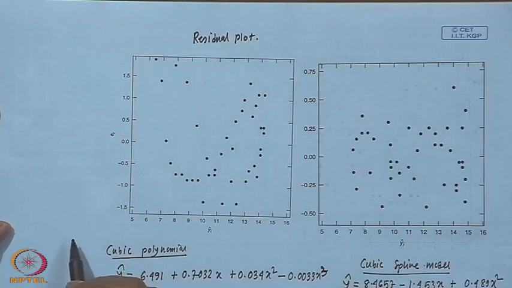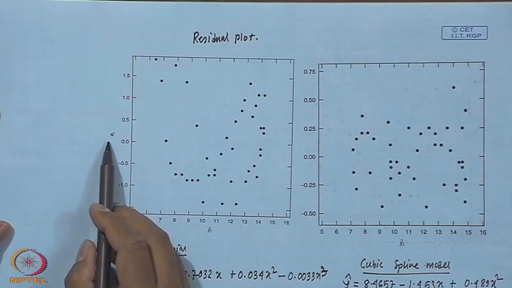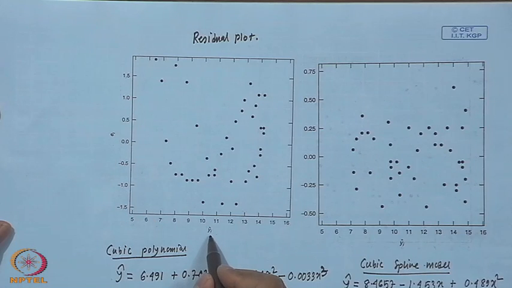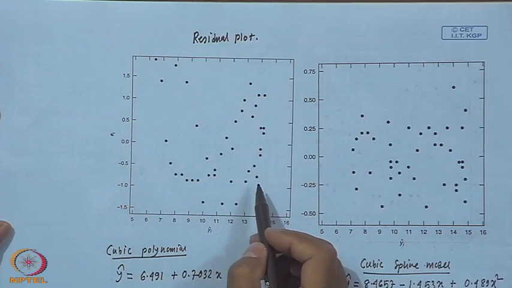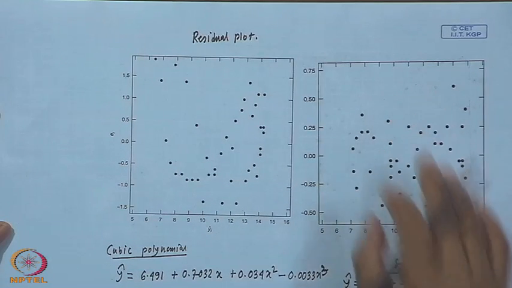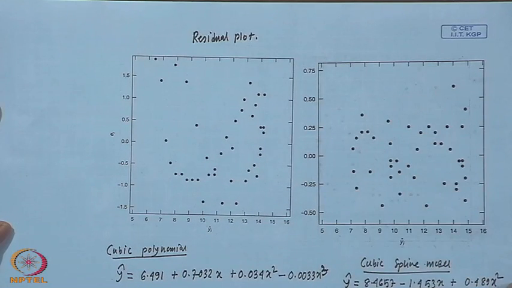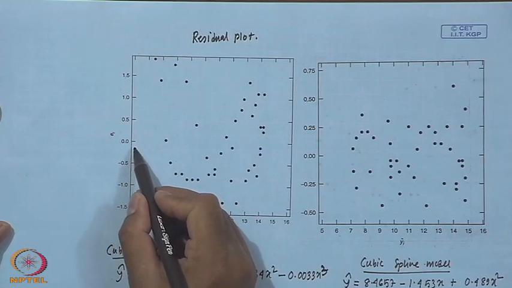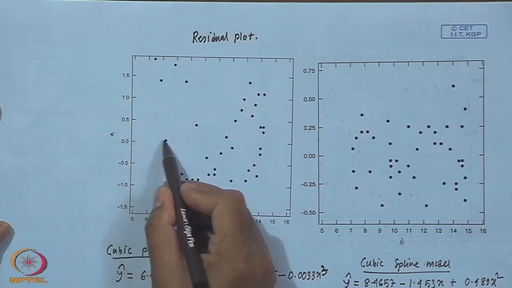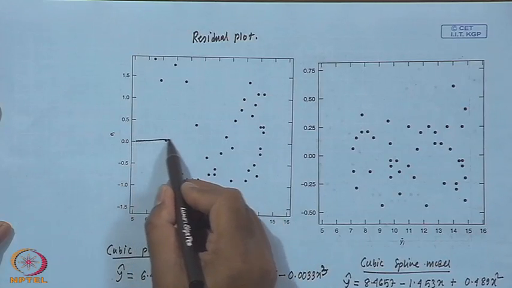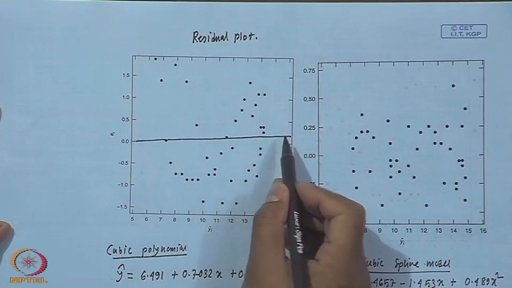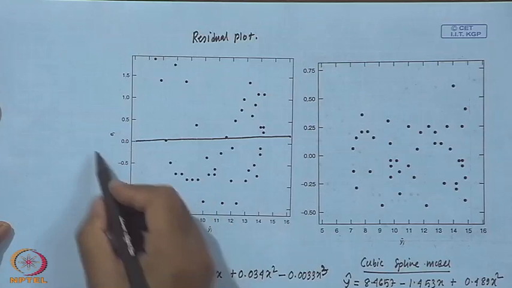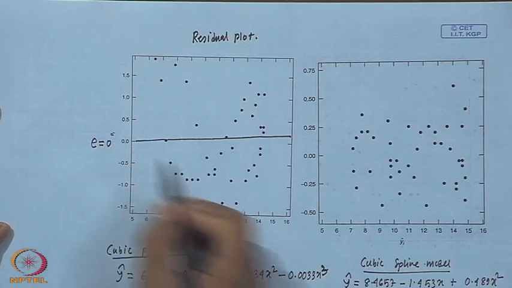Residual plot. So, what you do is plot the residual e_i against the estimated response. Here is the residual plot, and I will talk about it later. This is for the cubic polynomial model. The residual plot is not so good, because you can see the residuals are not centered about the line e equal to 0.